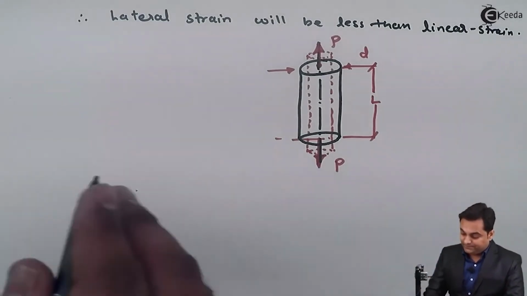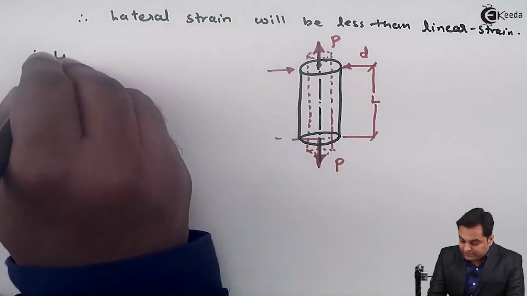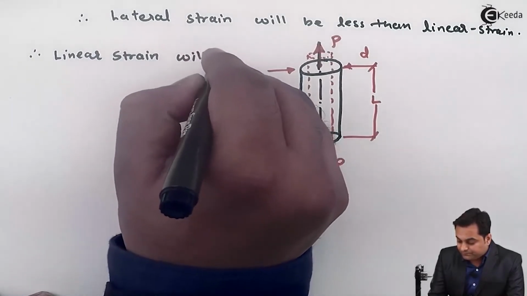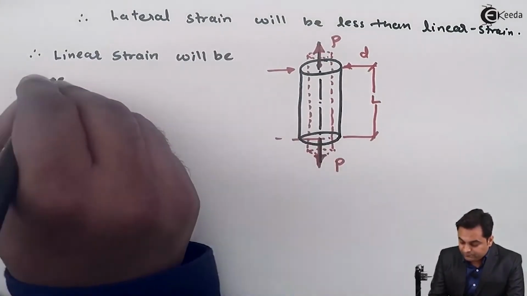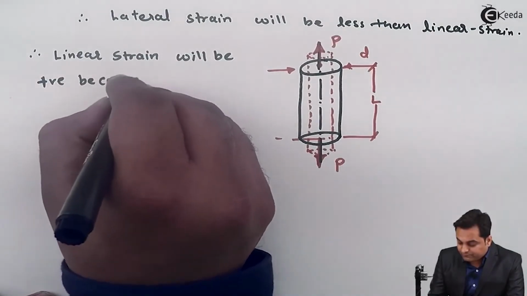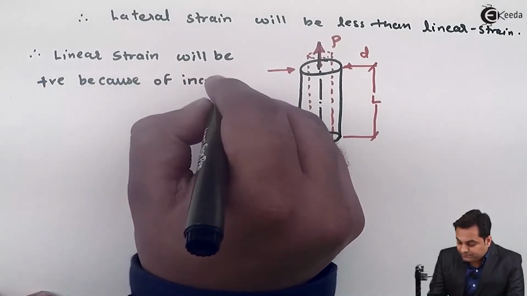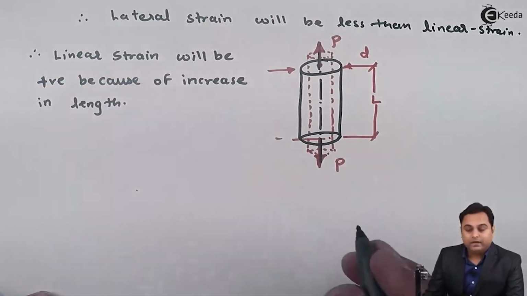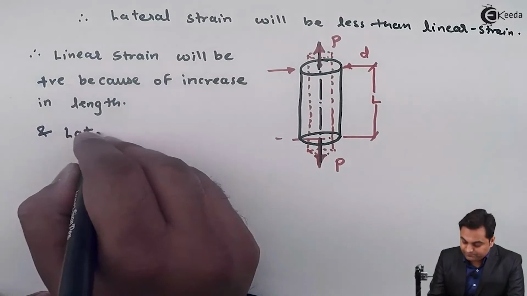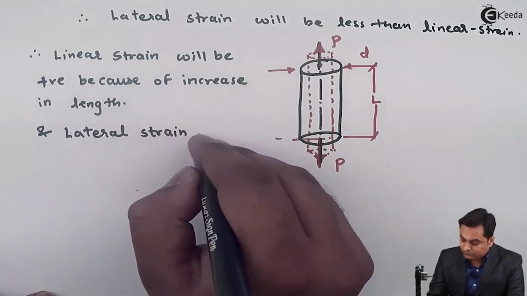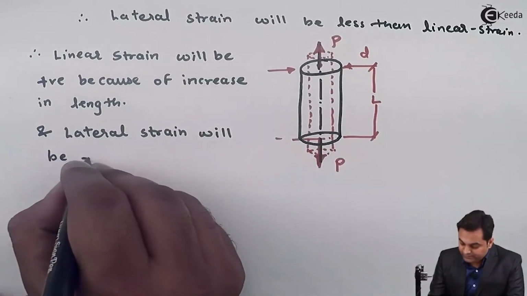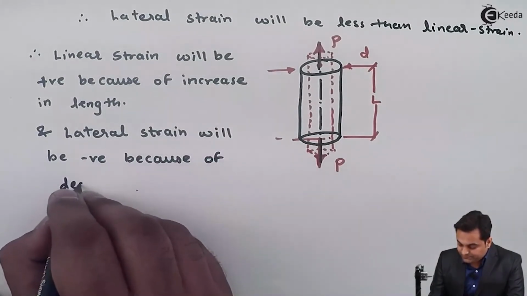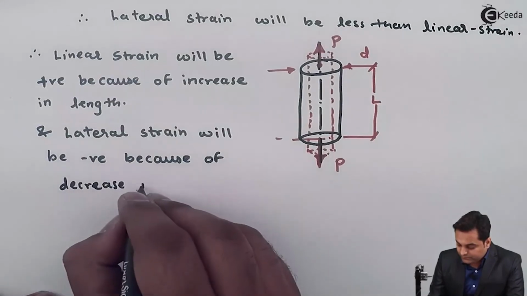So here I can say that therefore linear strain will be positive because of increase in length, and lateral strain will be negative because of decrease in diameter.